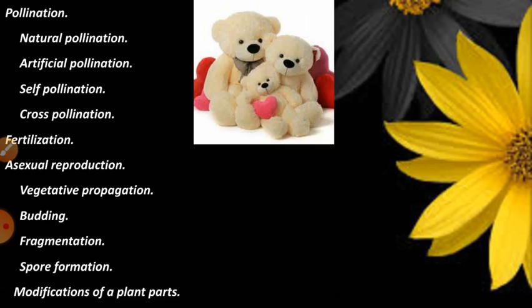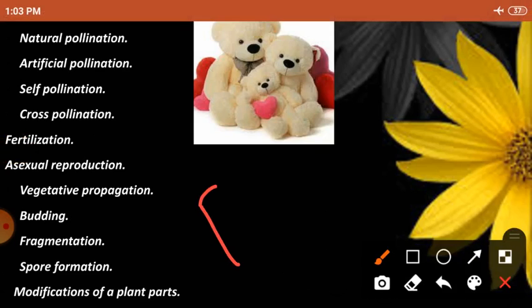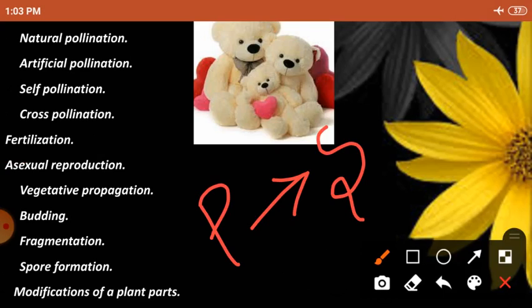Reaching the pollen grains from the male part to the stigma, the female part, is known as pollination. Pollen grains from one flower to the stigma of another flower is pollination.